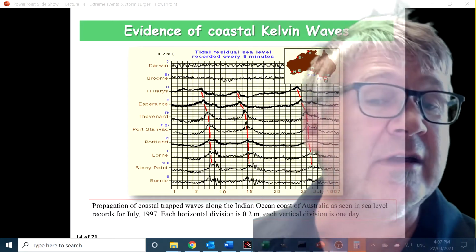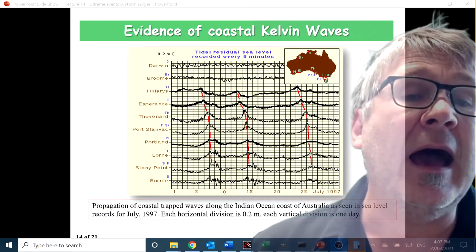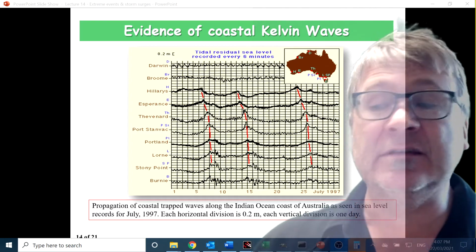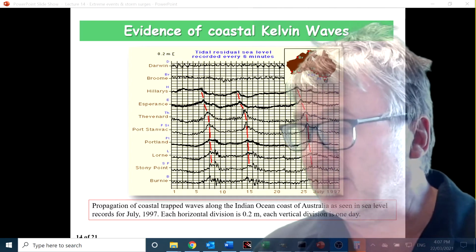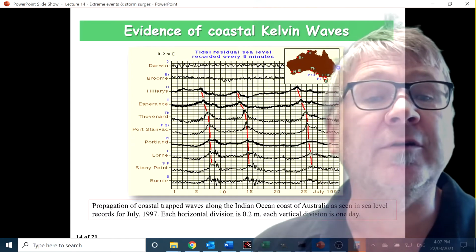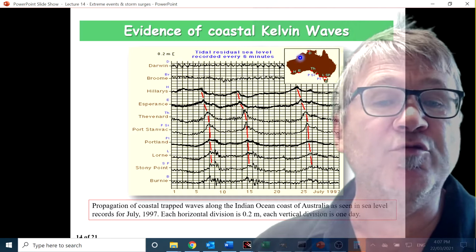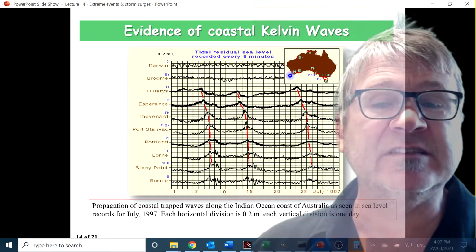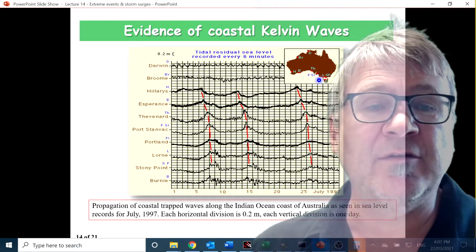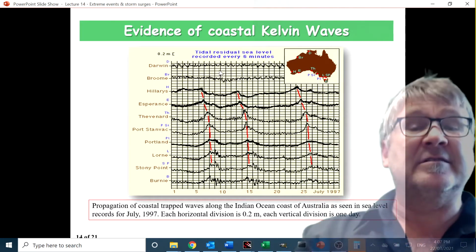So this is the non-tidal sea level at different locations, and the locations are labeled on this map. Here's the laser pointer. You can see D is Darwin, then we have Broome, then Hillary's, Esperance, Thevenard, Port Stanvac, and so on. We go all around.